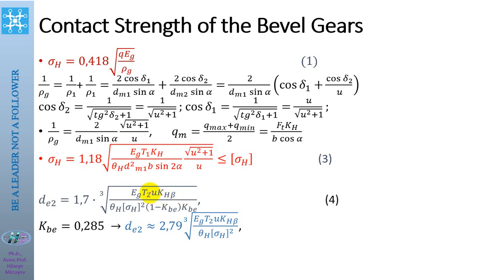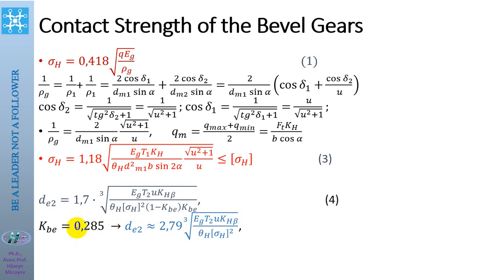In these formulas we use the torque on the output shaft, and sigma H is the contact stress, which may be found according to the material of the gears and the methodology for determining the allowable contact stress.